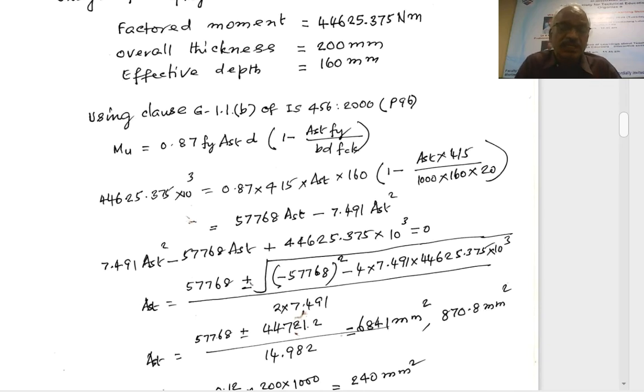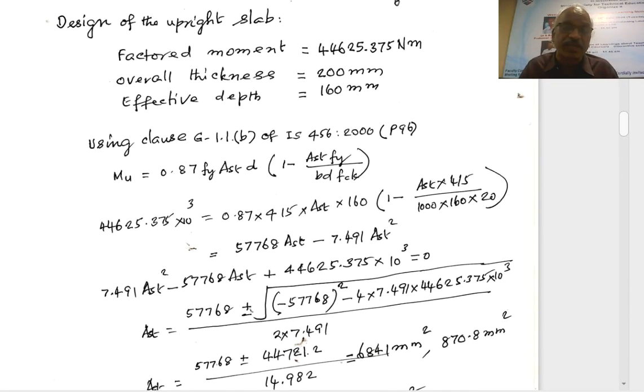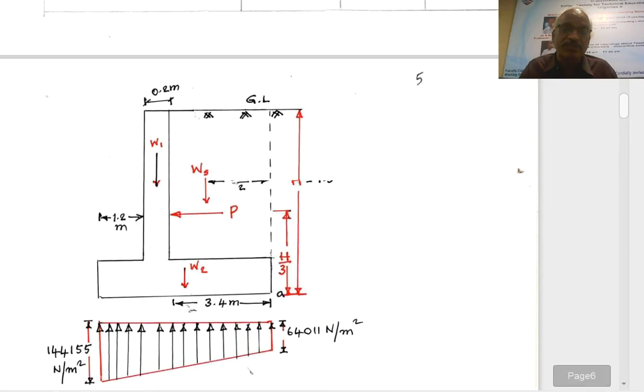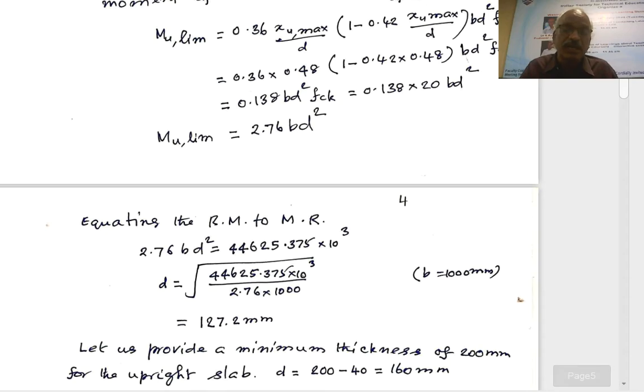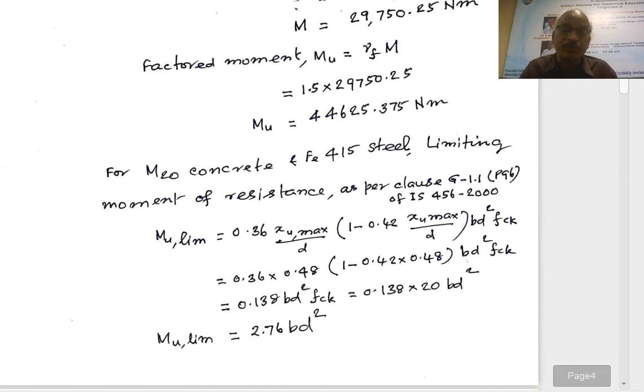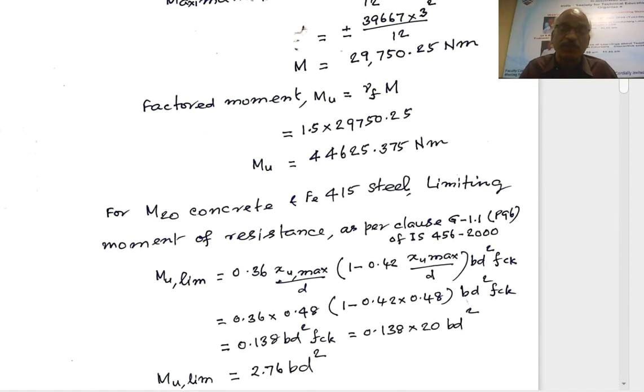Mu is the value we just got, Mu equal to 44,625.375, that is 1.5 times 29 something.